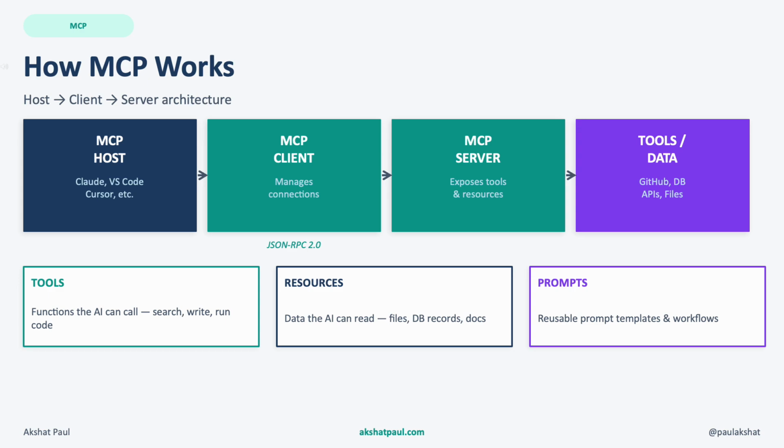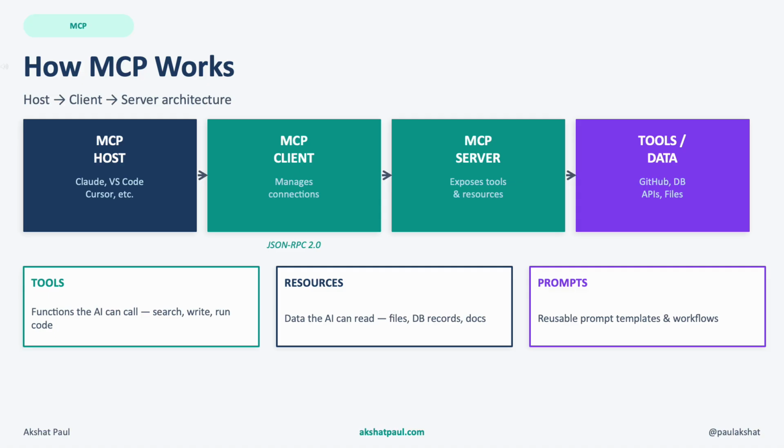Think of it as the bridge. Then you have MCP servers. These are lightweight services that expose specific tools or data. So you might have one MCP server for GitHub, another for your database, another for Slack. The communication between all these parts uses JSON RPC 2.0, a lightweight, well understood protocol that works over standard transports.